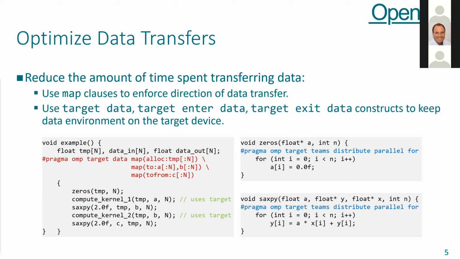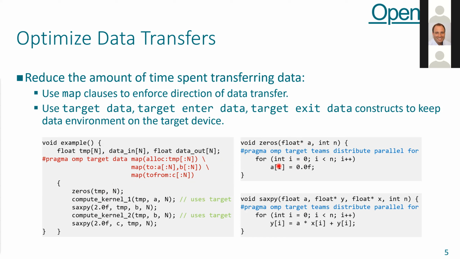But still, the compiler and the OpenMP runtime system will be able to figure that out, because the presence check is not tied to the name of the variable, but to the pointer or the memory address behind that variable. So here, we allocate temp and pass it into zeros. The presence check for A, which is coming in and happens to be the pointer TMP, will determine that A is already mapped via that map clause up here, and it will run that kernel in the existing data environment.